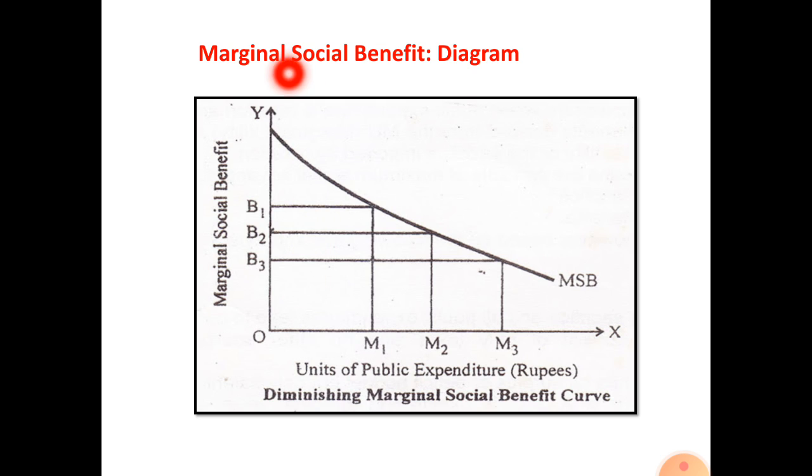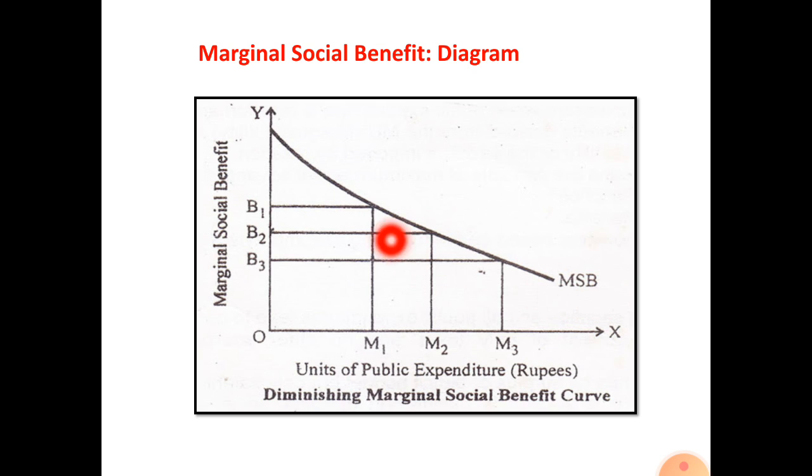That's why, whenever we draw this marginal social benefit curve, it shows the units of public expenditure and marginal social benefit have an inverse relationship, meaning diminishing marginal social benefit, going from upward to downward direction.